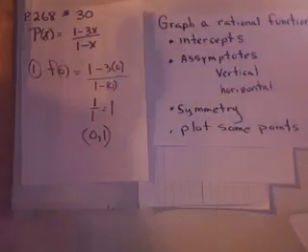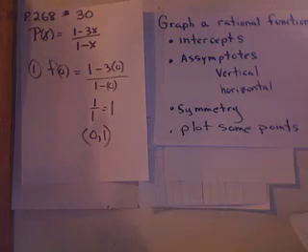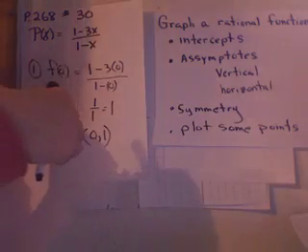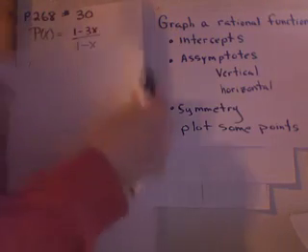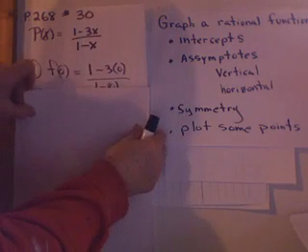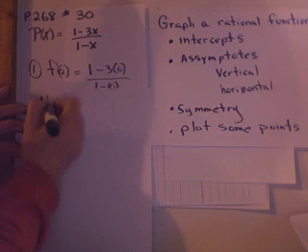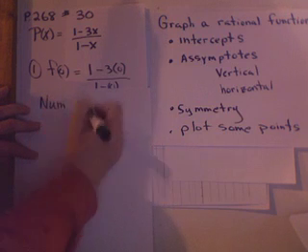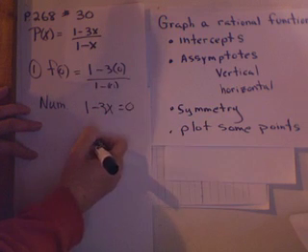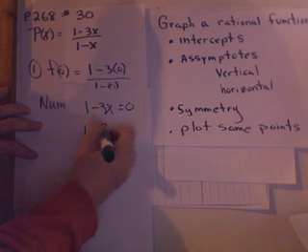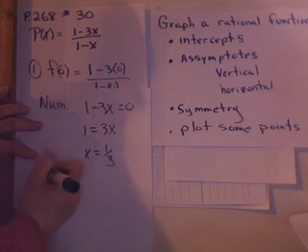All right, can we find another one? What could we do to find another one? We could take the top of the fraction, and this is called the zeros of the numerator. So we could take the numerator, 1 minus 3x equals 0, and solve that. 1 equals 3x, x equals 1/3.